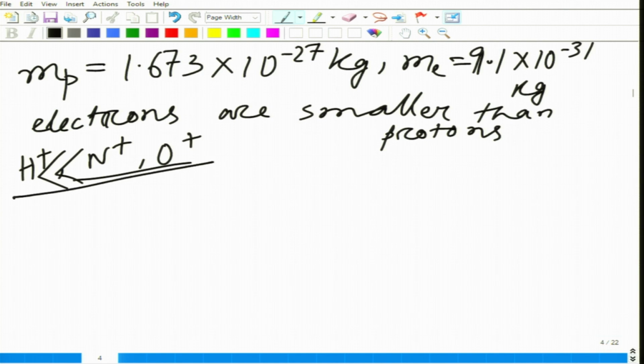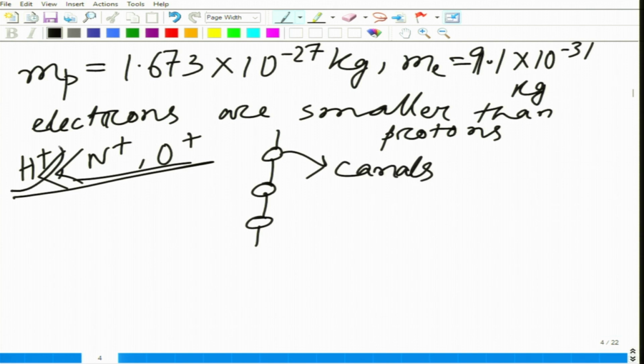So, for these bigger particles to penetrate, the cathode needed bigger perforations as compared to the anode in case of discovery of electron. Since they had bigger perforations, these were called canals. So, these cations were called canal rays.